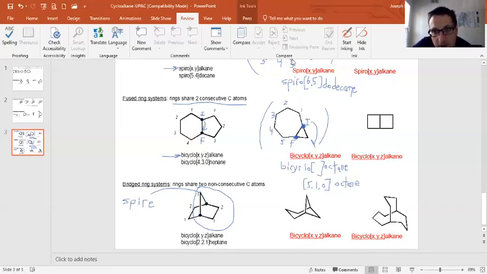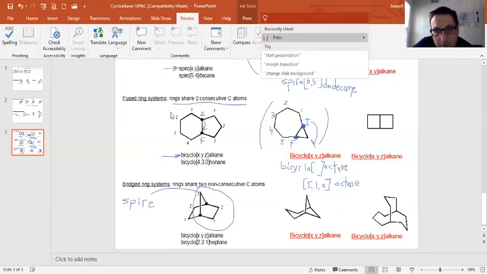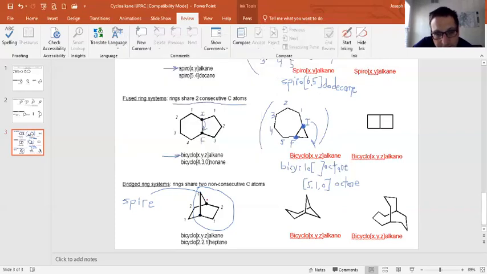If you were to number the ring system like this, I could do this for you. IUPAC wise, just with the cyclopentane ring, 1, 2, 3, 4, and 5. So it is carbon 1 and carbon 3, which had the pegs.